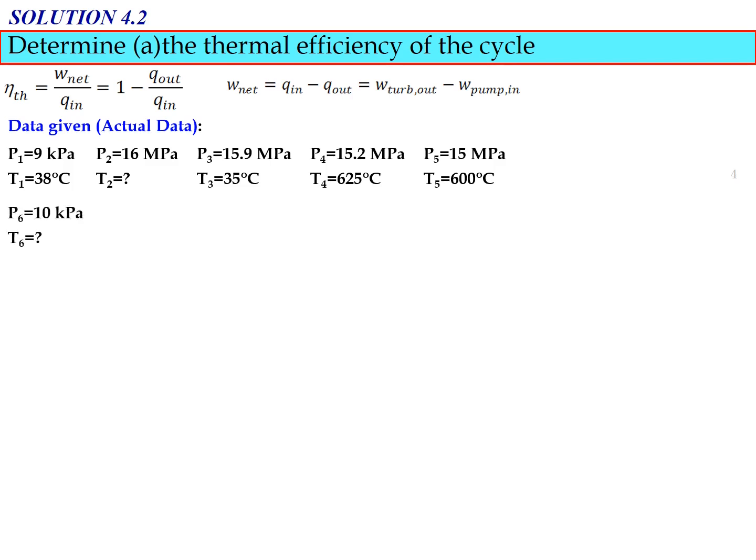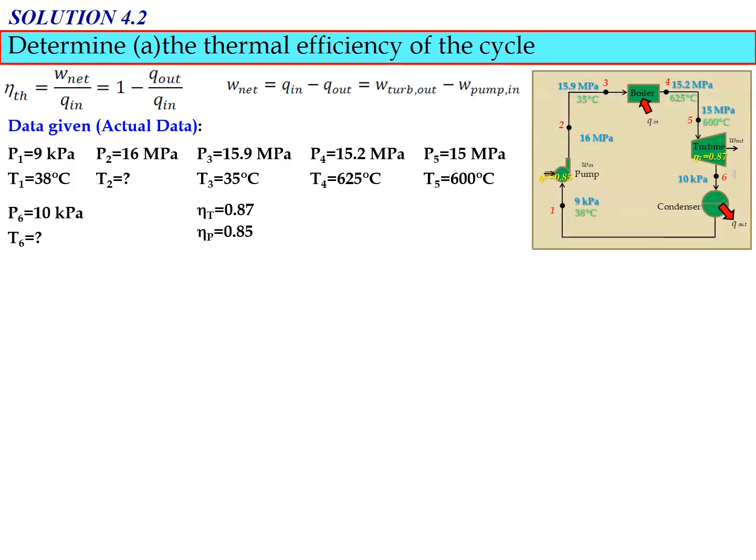And the last one, P6 equal to 10 kilopascal, and T6 is unknown. And the isentropic efficiency for the turbine given in the question is equal to 0.87, and for the pump is equal to 0.85.